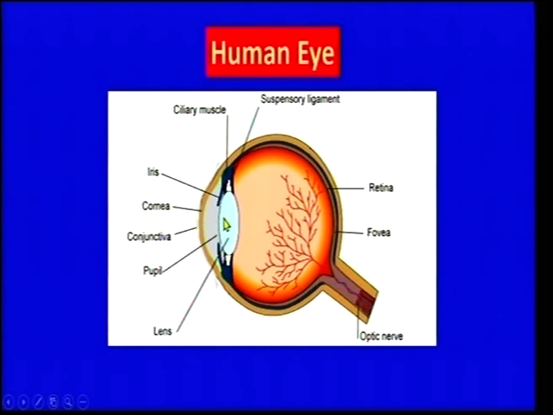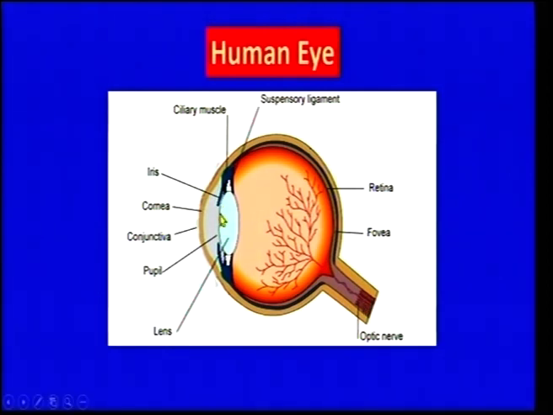And this is our eye lens, which is hard in the middle part, and when we move away from the middle to the edges, it becomes softer. And these are the iris, these are the ciliary muscles, and this is the retina on which the image is formed, and this retina is connected to the optic nerves which send signals to the brain.